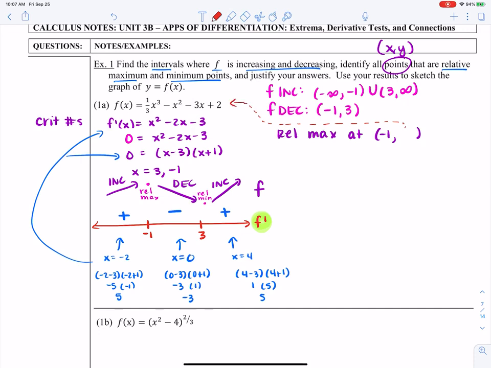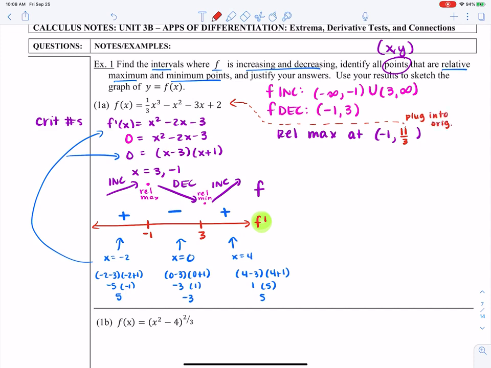So let's do that kind of in our brain. Negative 1 cubed is negative 1 times 1/3 will give me negative 1/3. We've got negative 1 squared, which will be plus 1. And then we're going to end up adding 3. So I think that gives us 11/3, and I got that from plugging into the original.